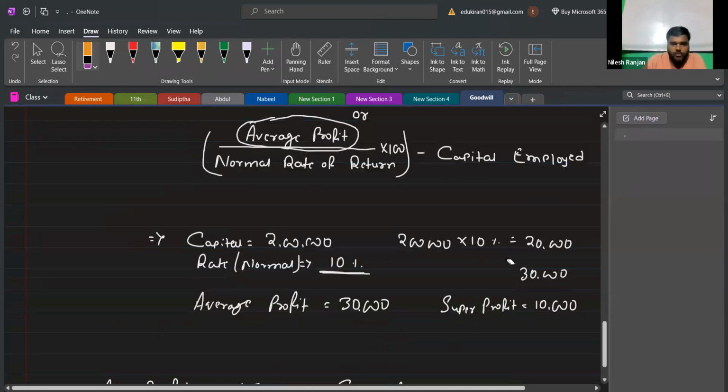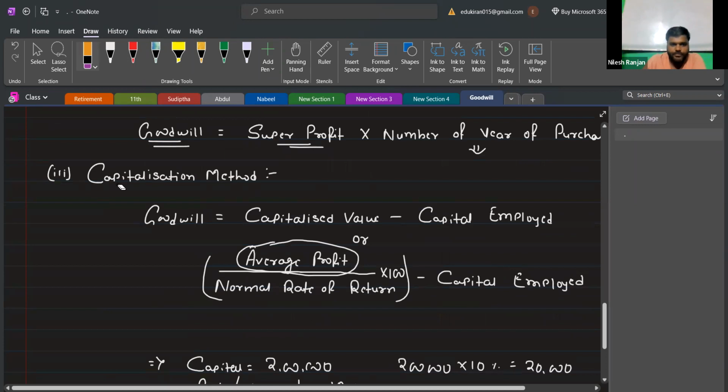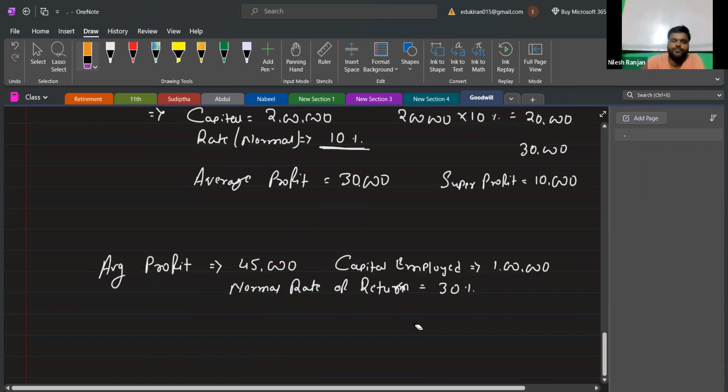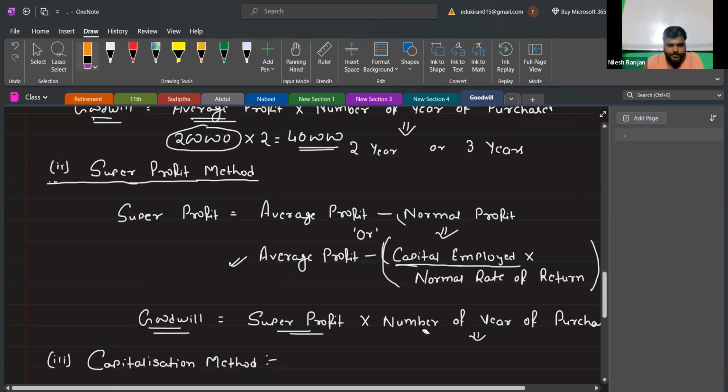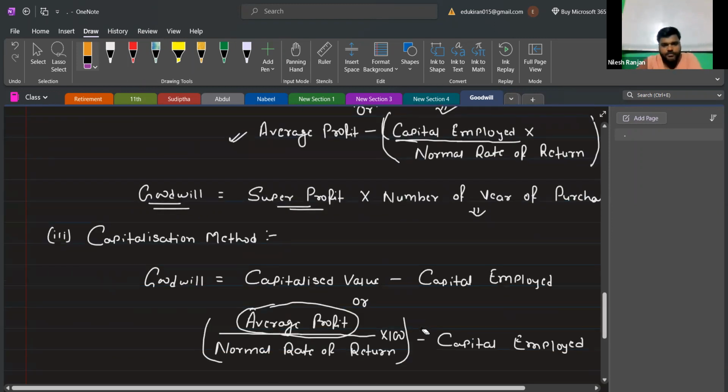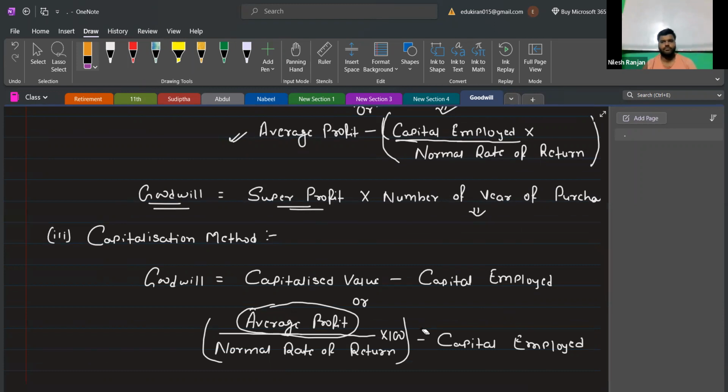You can use this formula here. Once again, can I see the formula, sir? Yes. Okay, sir. Fine.